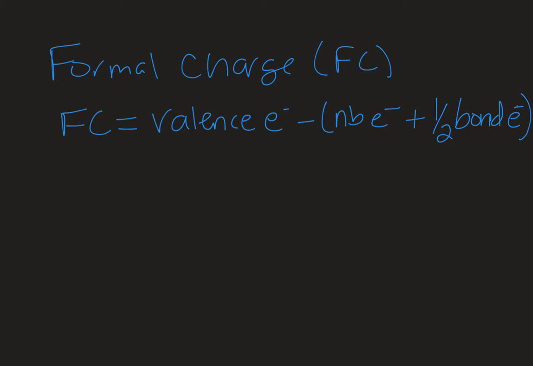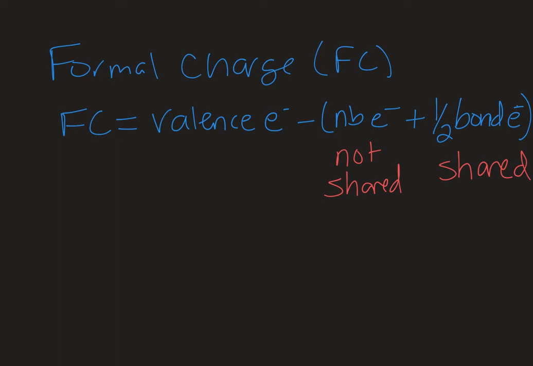Essentially, the non-bonding electrons are not shared. They're on that atom, and so we count the total number of non-bonding electrons. Those would be like lone pairs of electrons, or it could be an unpaired electron like in a radical. And then we make the assumption that the bonding electrons are shared evenly. We know from dipole moments that that's not true, but again, it gives us a general idea of where electron density lies in our molecule.